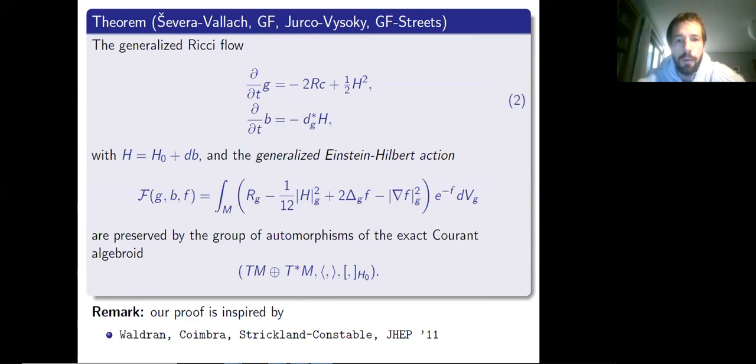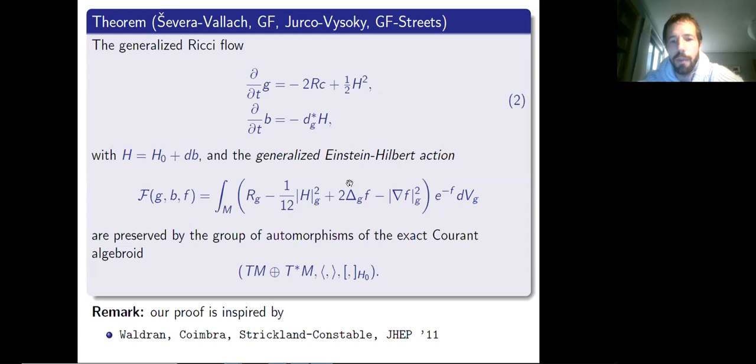And the idea is the following. The generalized Ricci flow, as I stated it before, is for the evolution of a metric and a 2-form, with H being this 3-form evolving in the cohomology class, and this other quantity, which I presented in my first lecture.